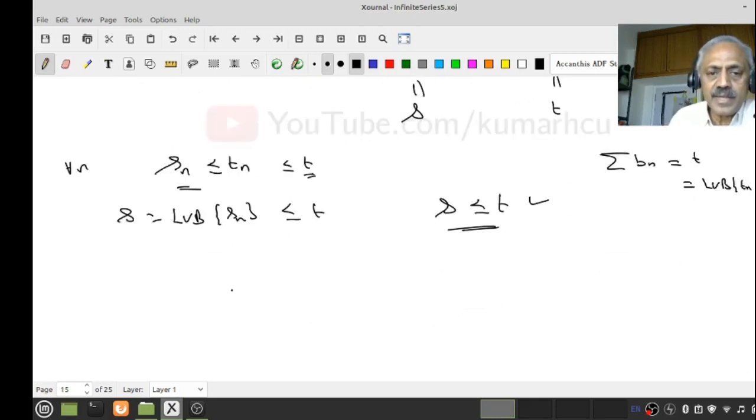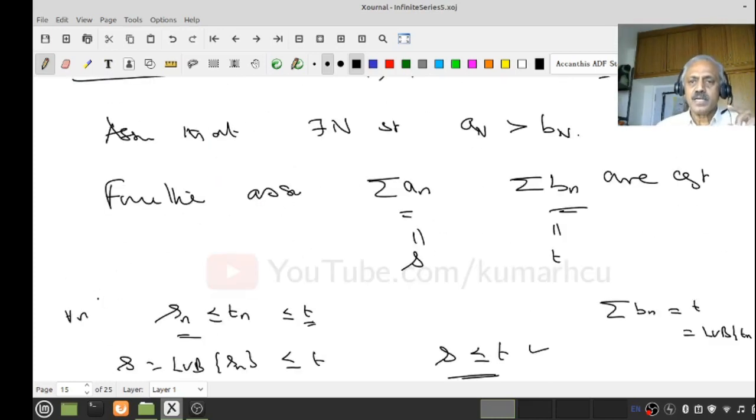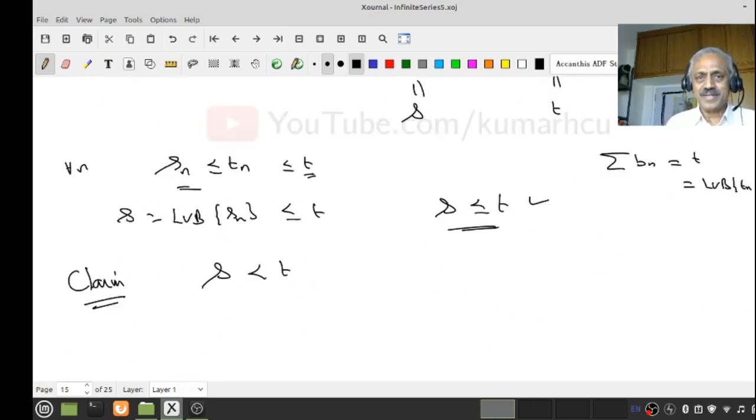What I want to claim is S is strictly less than t. That's because at one place a_n is strictly greater than b_n. Otherwise, I know only that a_n is greater than or equal to b_n. That's all I know. You understand this? If it's a finite sum, I can immediately prove it.